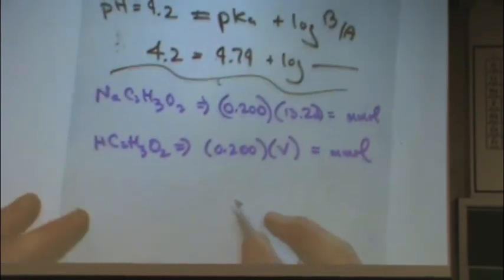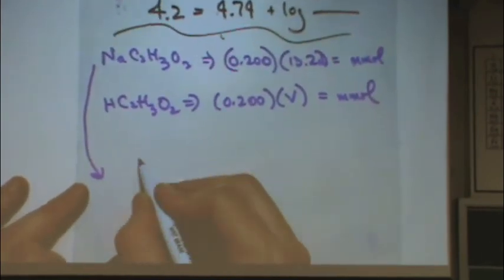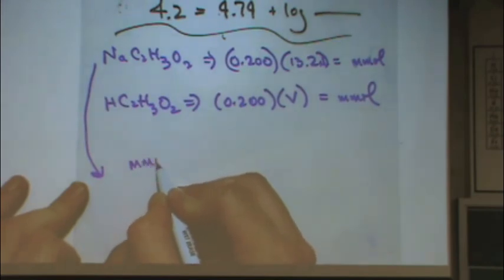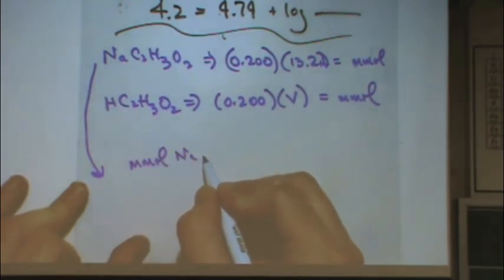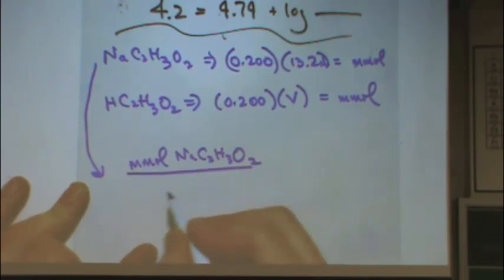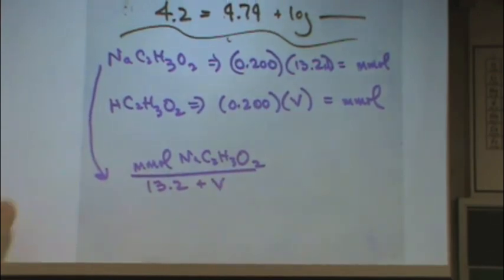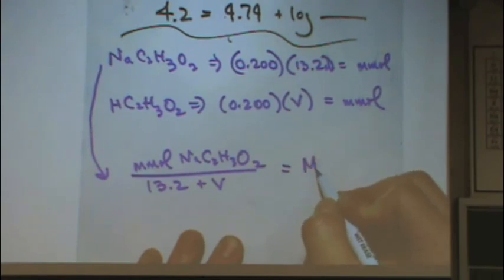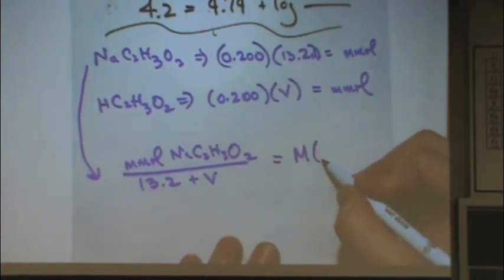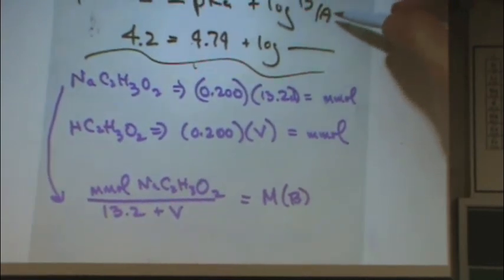To get the concentrations now for the sodium acetate, I would say millimoles of NaC2H3O2 divided by the total volume, which would be 13.2 plus V. That'd be the total volume mixing together. This will give me the molarity for the B, which is the base part, the top part. That's what would go up here on top.